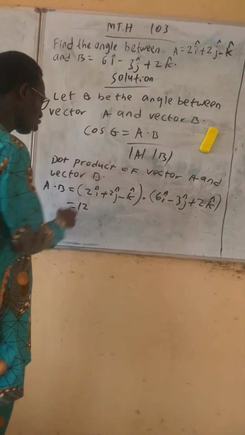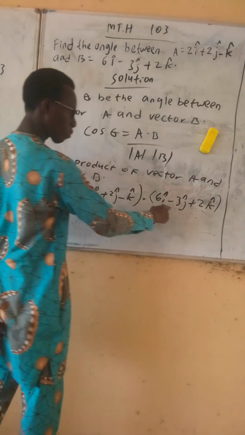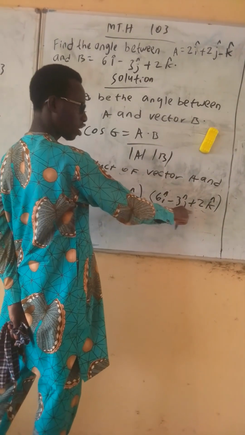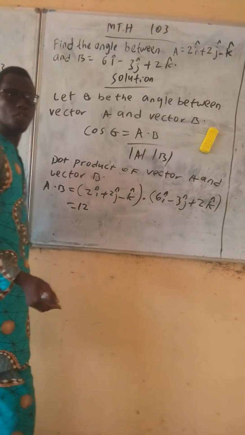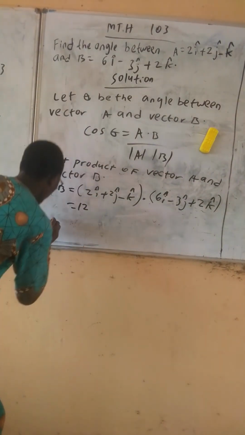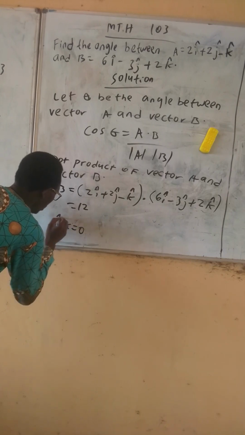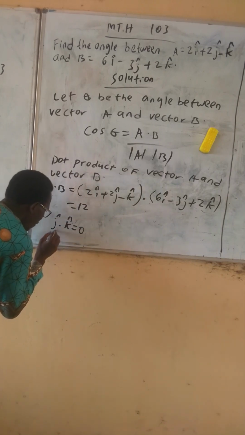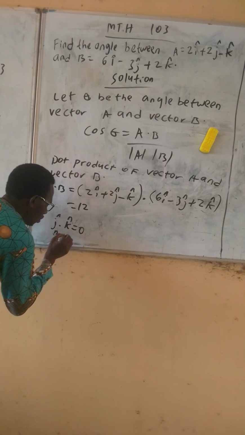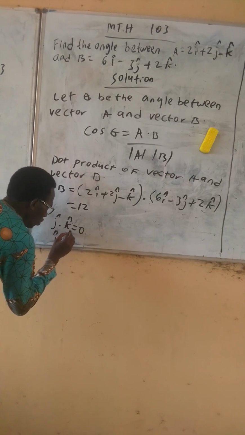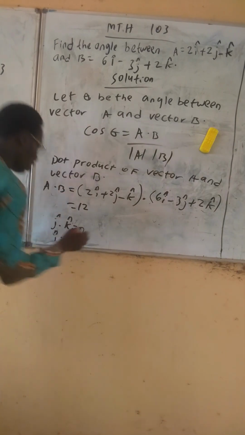Mind you, if you use 2i to multiply minus 3j and 2k, it gives you 0, because j dot k is equal to 0. I vector dot j vector is equal to 0.